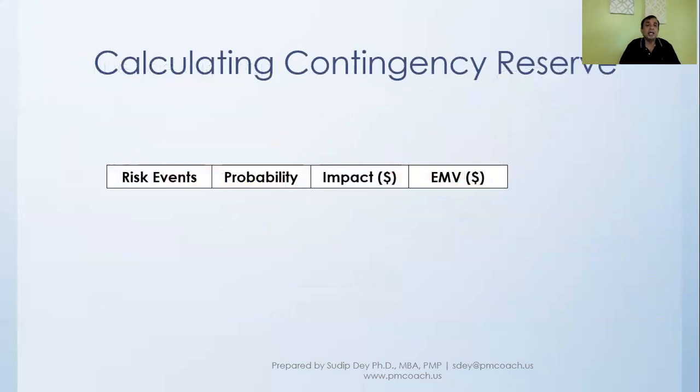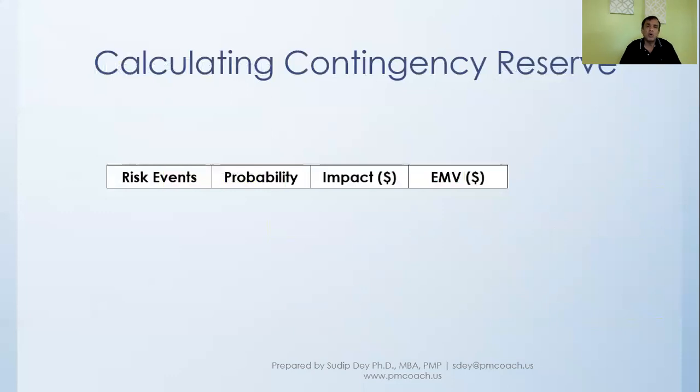And then another thing that we will be able to do through this quantitative risk analysis is calculating contingency reserve. Now, we talked about contingency reserve a lot of times before, even in the cost knowledge area.